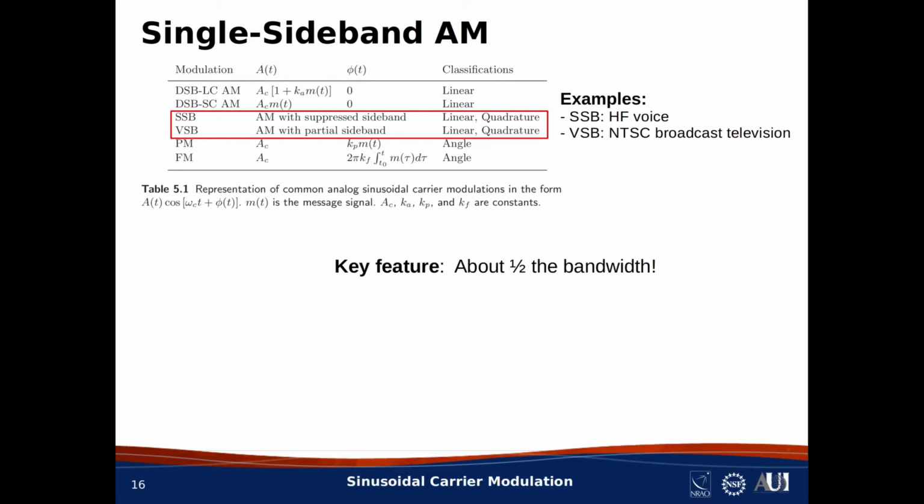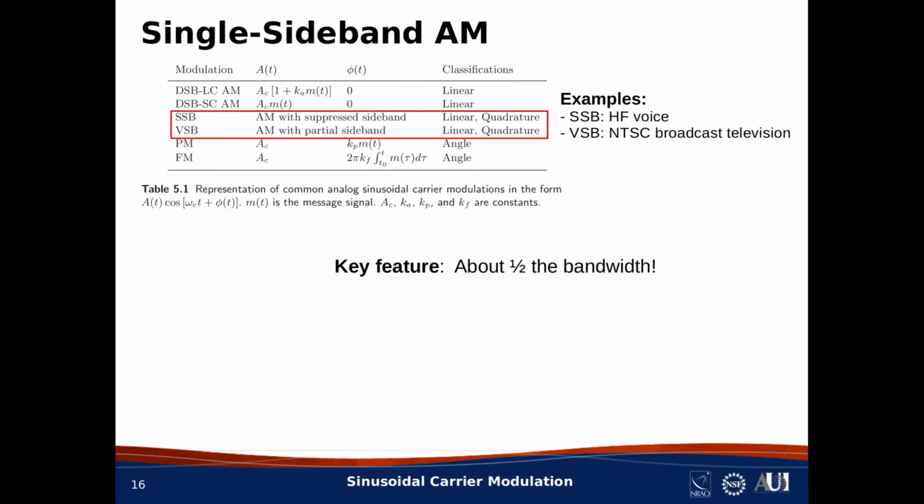There are two popular single sideband AM schemes that you should probably know about. One is just called SSB, that's short for single sideband, and is used mostly for voice communication in the HF band. The other single sideband scheme is known as vestigial sideband, or VSB. In VSB, you include the carrier, as you do in large carrier double sideband AM, and it has the same trade-offs.